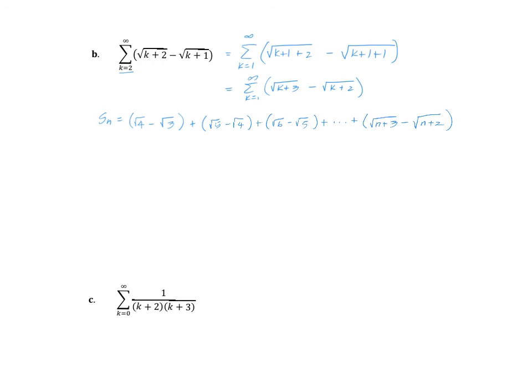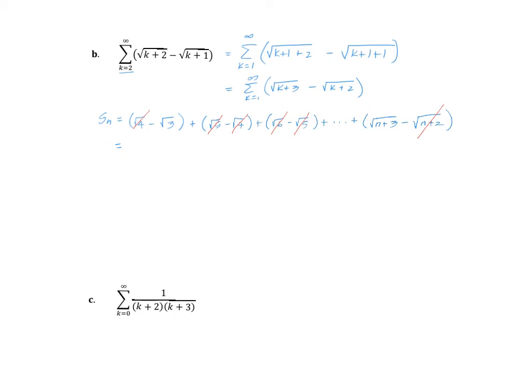Now let's find the formula for S sub n by noticing the pattern of cancellation. So it looks like I'm going to cancel the square root of 4's. So that would be first, last. And then I cancel the square root of 5's, which would be the first term and then the last term. Cancel first term, last term. What's left over is my S sub n.